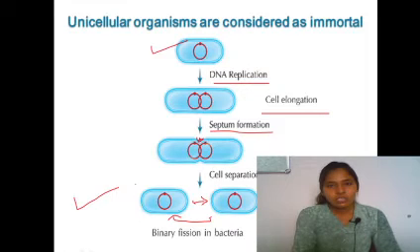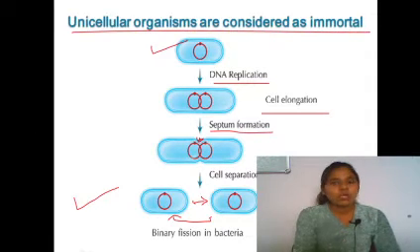To say frankly, favorable conditions are not available all the time. But scientifically, if favorable conditions are available, unicellular organisms will not die and aging will not occur, but just cell division will occur, and the life will be continued as a new cell. Because of this reason, we consider unicellular organisms as immortal.